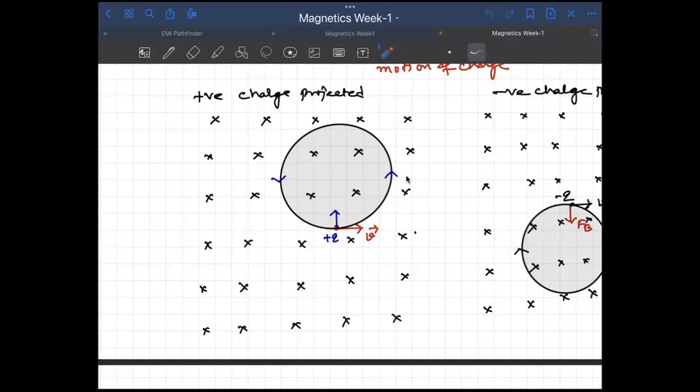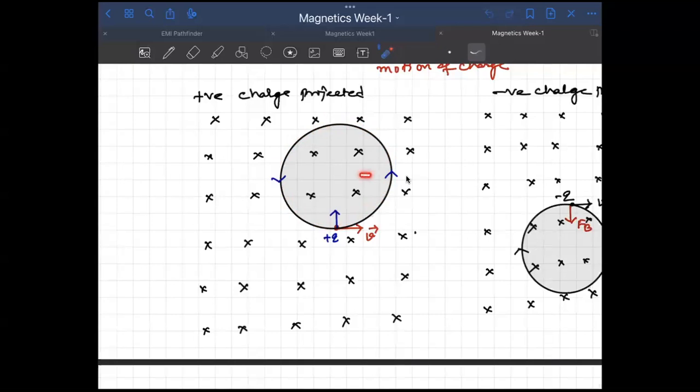You can see my hand here. My pointing finger is into the plane of the paper. The central finger is like a tangent along v bar. Now, where does my thumb point? Upwards. Therefore, it is perpendicular. As a result, it follows a circular path.